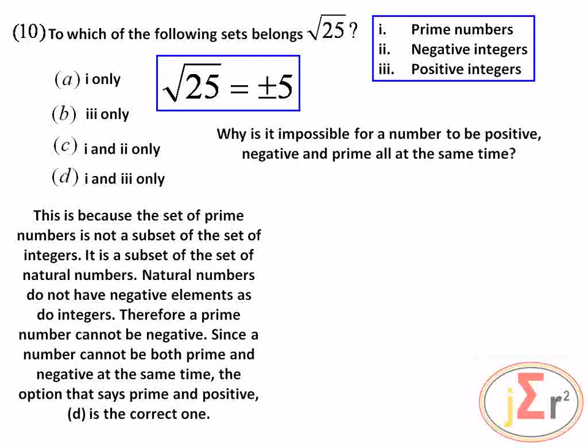Natural numbers do not have negative elements, as do integers. Therefore, a prime number cannot be negative. Since a number cannot be both prime and negative at the same time, the option that says prime and positive, which is D, is the correct one.